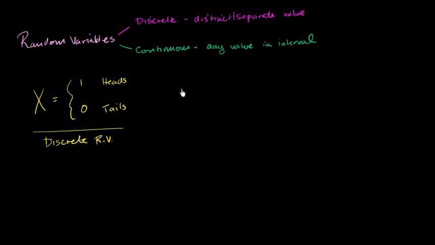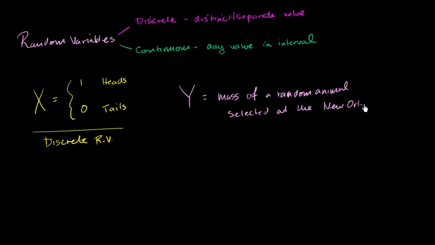Let's think about another one. Let's define random variable Y as equal to the mass of a random animal selected at the New Orleans Zoo, where I grew up.